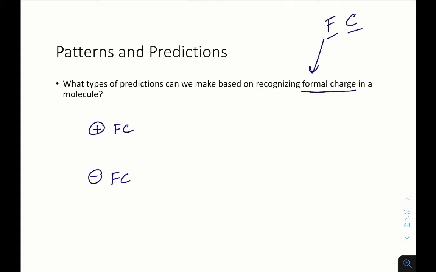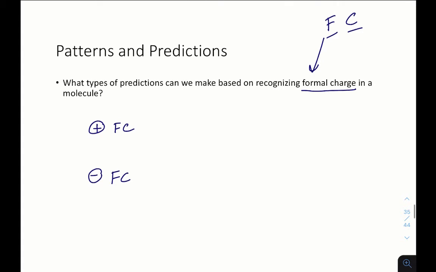If a molecule or an atom has a positive formal charge, it's probably going to react to get electrons. And if a molecule or atom has a negative formal charge, it's probably going to react to give up or donate electrons. So you want to keep that in mind, and that's part of why it's so important that you can recognize formal charge in molecules.